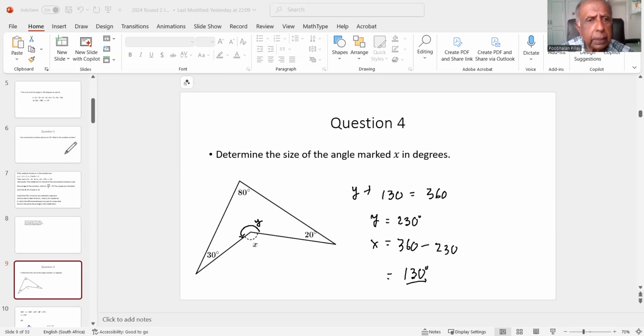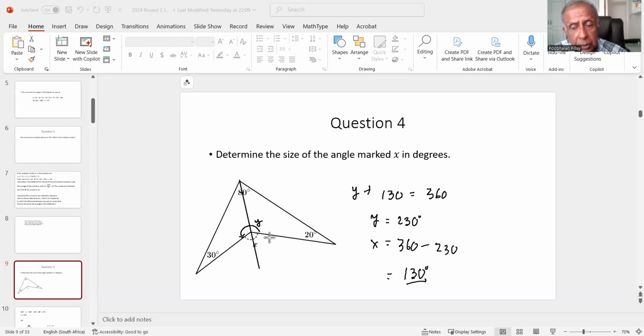Okay, there is another way of doing this where you can join this one and produce it, and then add these two angles. This angle here is a sum of these two, because it's the exterior angle of a triangle, and this one here is also the sum of these two interior opposite.